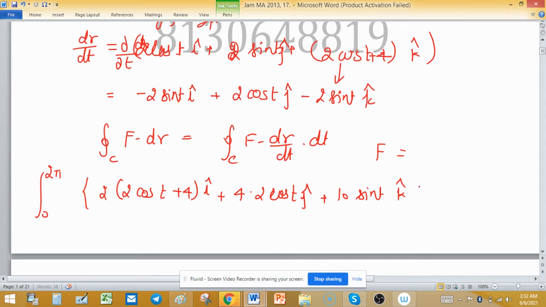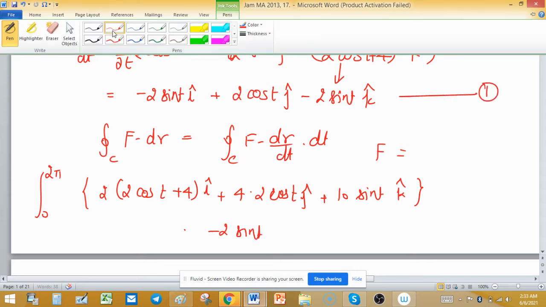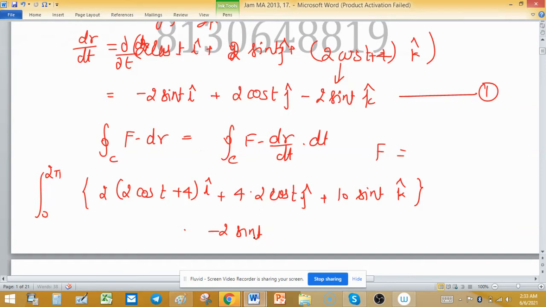This is F, and we need to take the dot product with dr over dt, which we already calculated in equation 1: minus 2 sin t i hat plus 2 cos t j hat minus 2 sin t k hat, and integrate with respect to t.